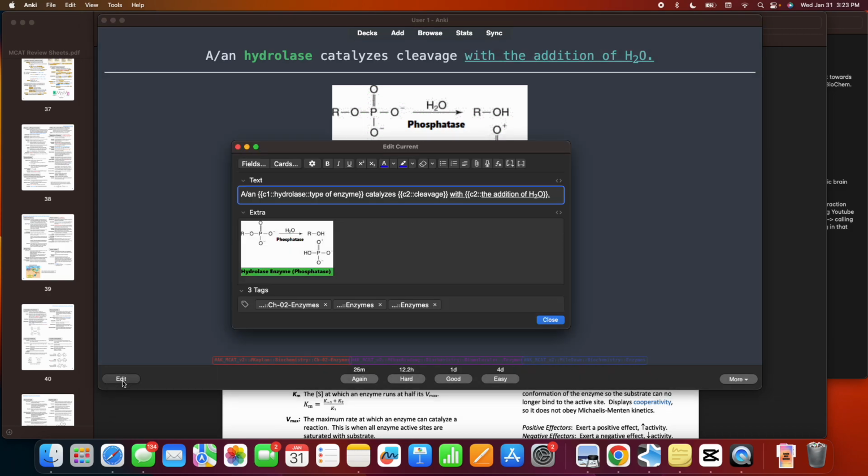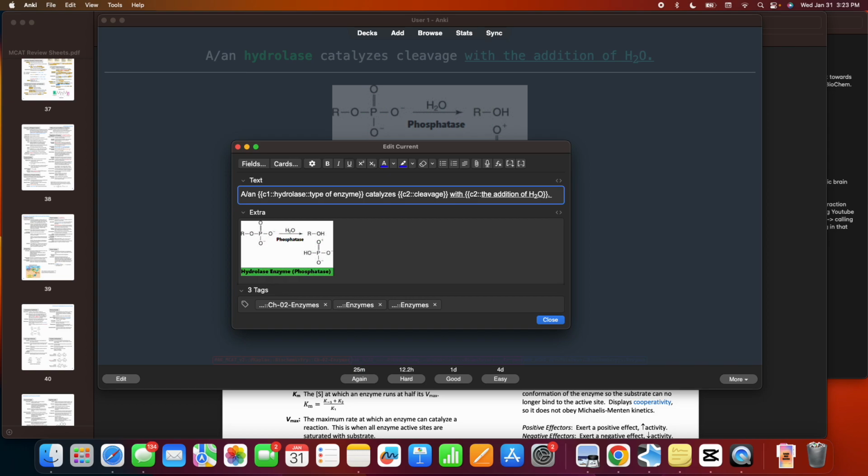We want an example: phosphatase cuts the phosphate group and kinase adds the phosphate group, right?